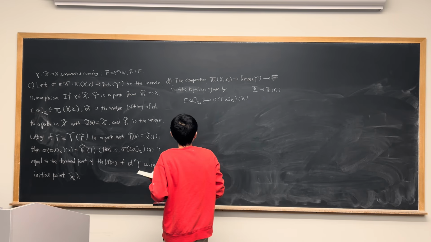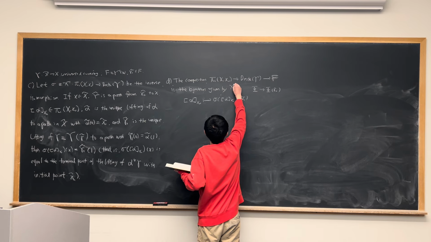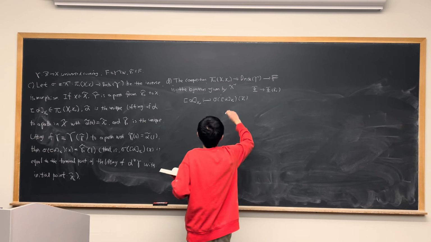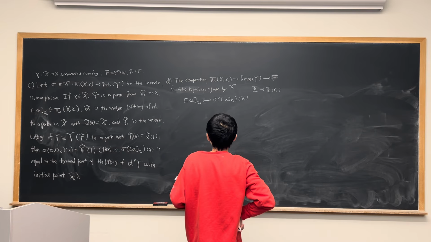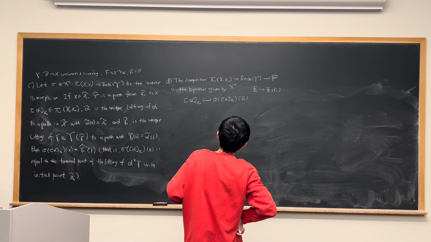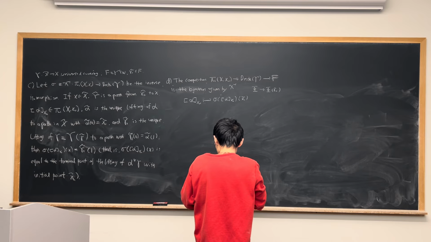So this is like the chi inverse, the bijection given by alpha x naught goes to that. Okay, so yeah, it's a bijection.